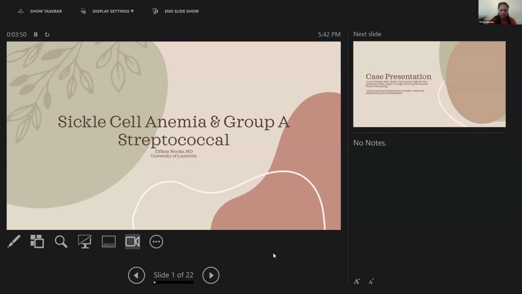Increase the volume a bit more. The volume is low on the phone. Am I echoing? You are. Can you disconnect the audio from the computer so that you only have the phone audio? At the bottom on the far left where the microphone is, that caret, switch to phone audio.